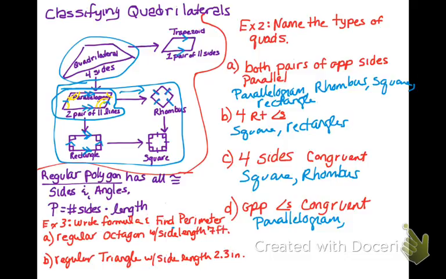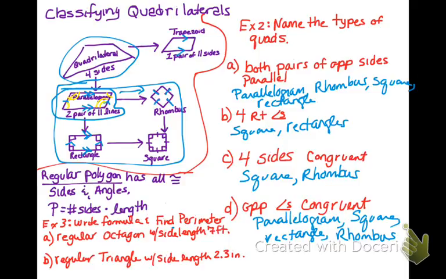Square, rectangle, and one other. Which ones are parallelograms? All the ones that are parallelograms. A rhombus. All of the parallelograms will have opposite angles congruent.